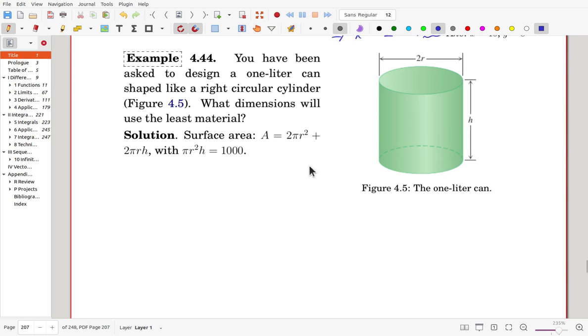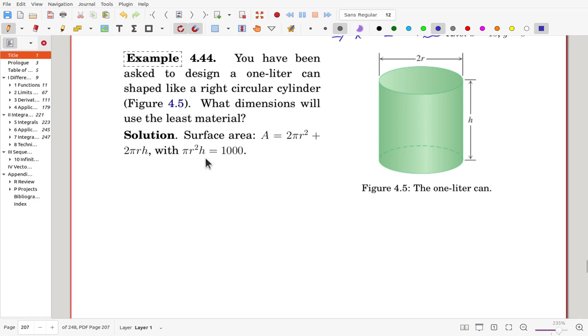can, and now surface area. In the beginning, the bottom and top is pi r squared, and two of them, so it's 2 pi r squared. And the length of the perimeter is 2 pi r, and h is height, so the side will be 2 pi r h.